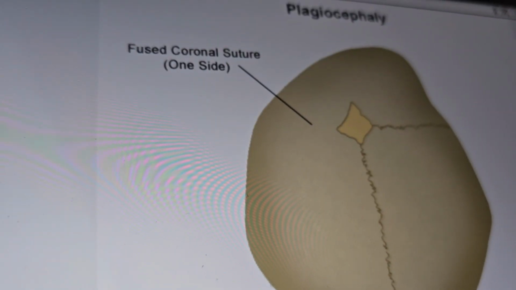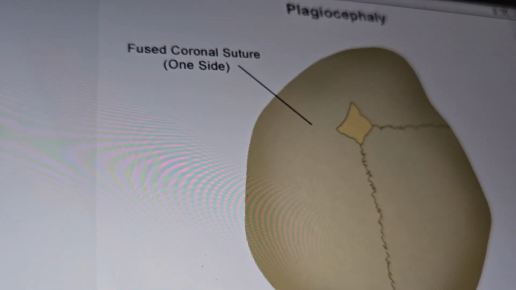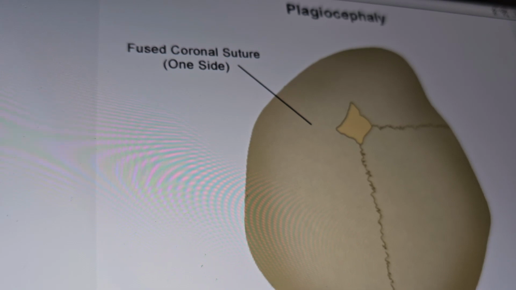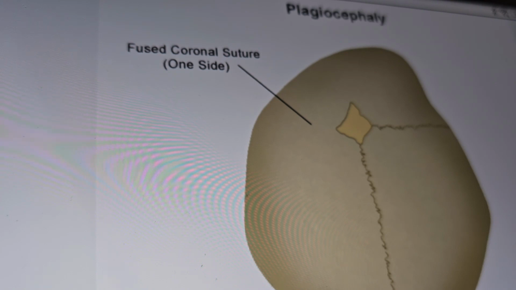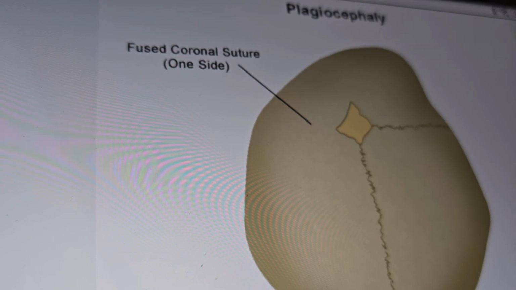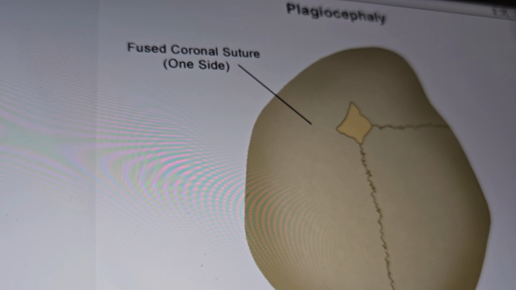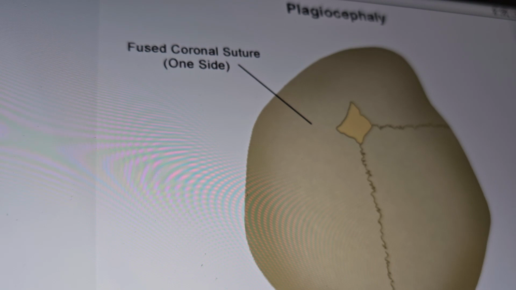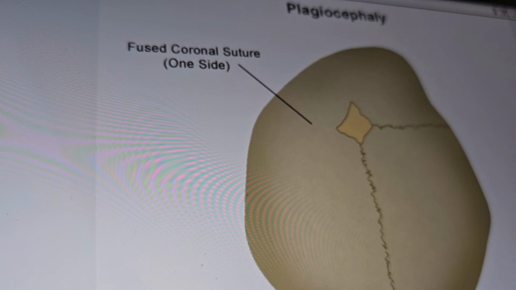Anterior plagiocephaly is a premature fusion of the coronal suture. The forehead appears flat on the affected side, with the Harlequin sign, which is a high supraorbital margin seen in the radiograph, frontal bossing on the unaffected side, and nasal deviation toward the normal side.